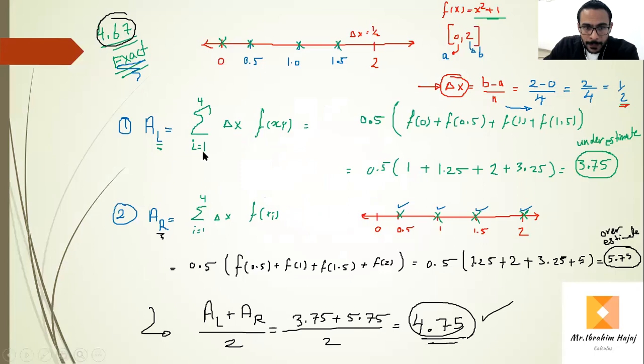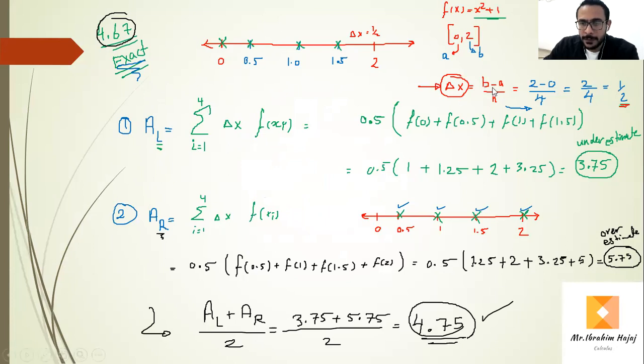Okay. Number one, we start to find the area or estimate the area or approximate the area from the left side, or we call it the left endpoints rule. The summation when i is 1 to 4, and we divided here the distance from 0 to 2 into 4 subintervals, 1, 2, 3, 4, and the length of each subinterval is half, because we have a rule here.